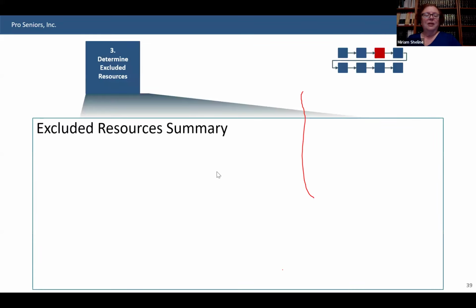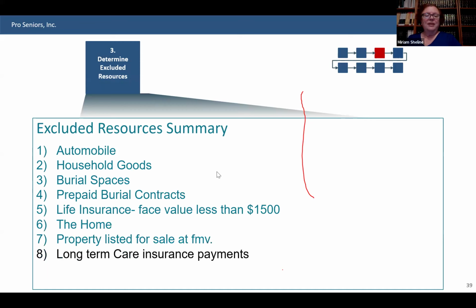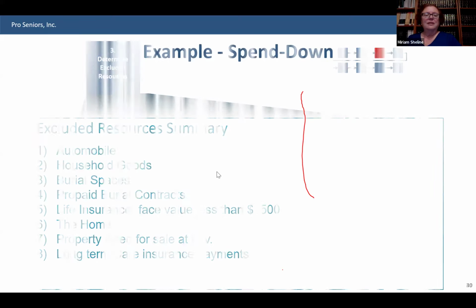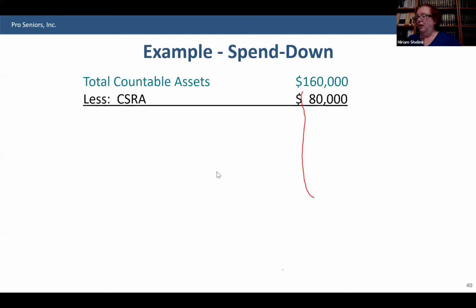So again, our resource exclusions: the car, the household goods, the burial spaces, life insurance, the home, any property listed for sale at fair market value, long-term care insurance policies. In our sample, our countable assets were $160,000 because the house and the car were excluded. The IRA was counted because they were not taking distributions.